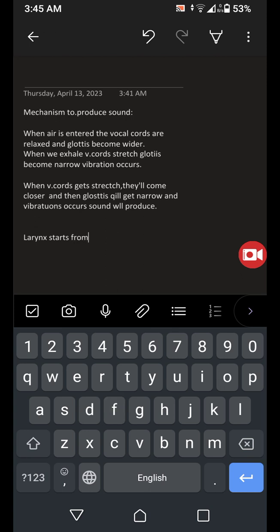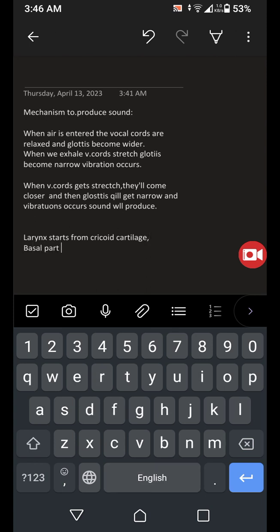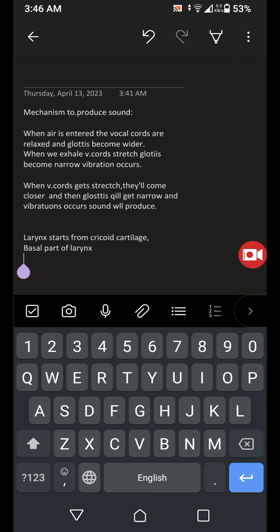Larynx starts from cricoid cartilage and the basal part of the larynx.